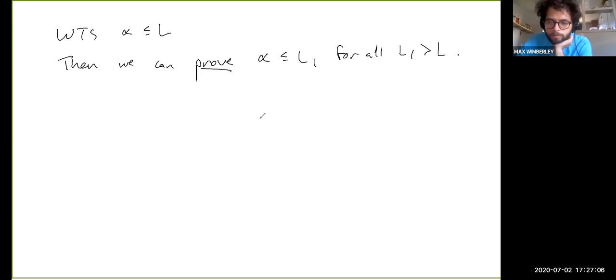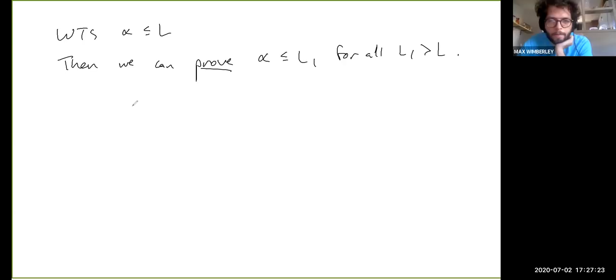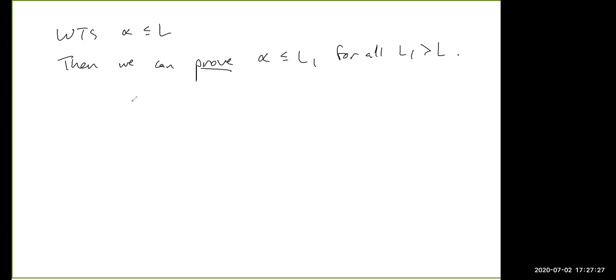But I tried to draw it myself, and you said that if alpha is bigger than L, then L1 must exist in between L and alpha. But is it possible that alpha exists between L and L1?